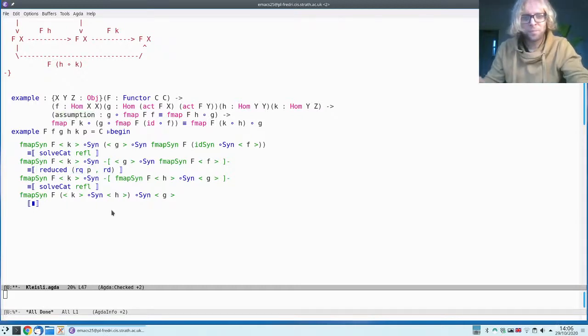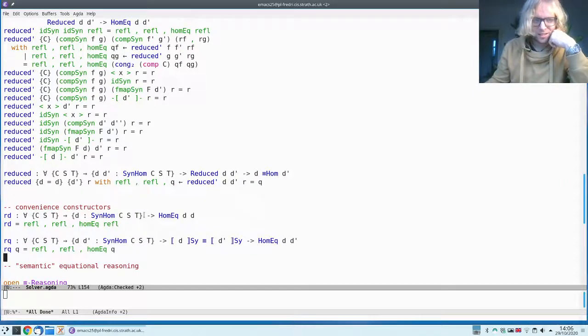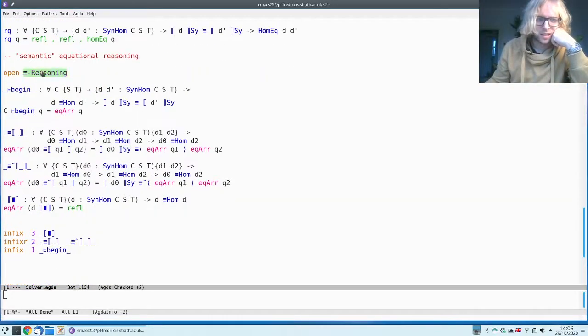Okay, and the rest of the solver is just packaging up the old equational reasoning in terms of what happens when you first interpret the pieces. So it means that you can write these things syntactically, and by using the reasoning you get that you really prove the equality of the meanings rather than just the syntactic objects.